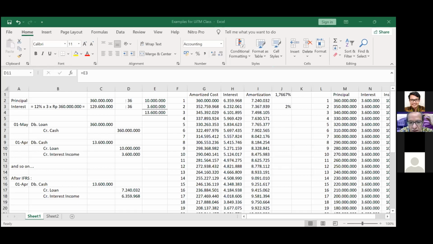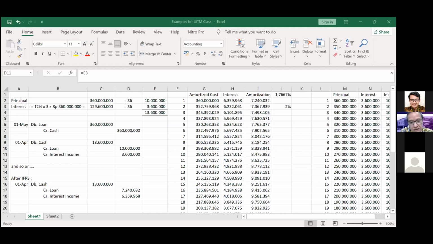This is called debt restructuring, loan restructuring. So the restructure from the original contractual cash flow into new contractual cash flow. So we have to find the difference between this and this. Then we calculate the present value of this. We get minus, because the new cash flow is smaller.